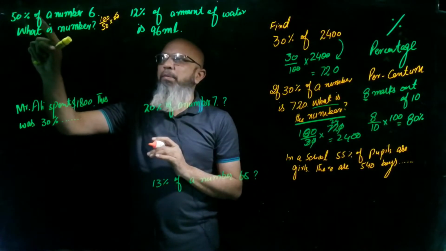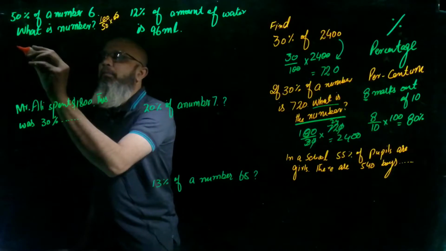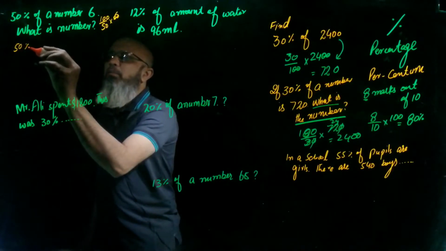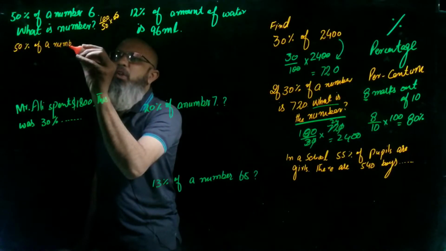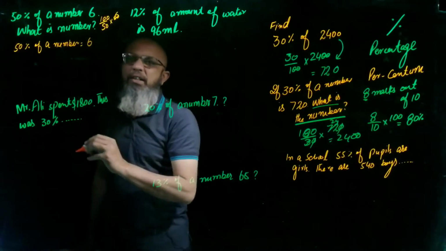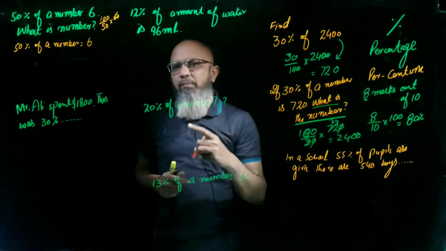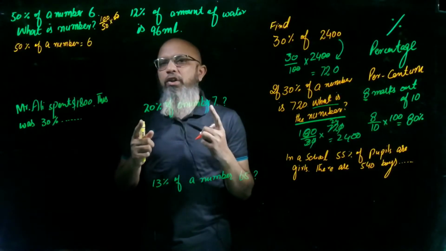Look here, 50% of a number is 6. So what will be 1% of the number? We call it the unitary method.